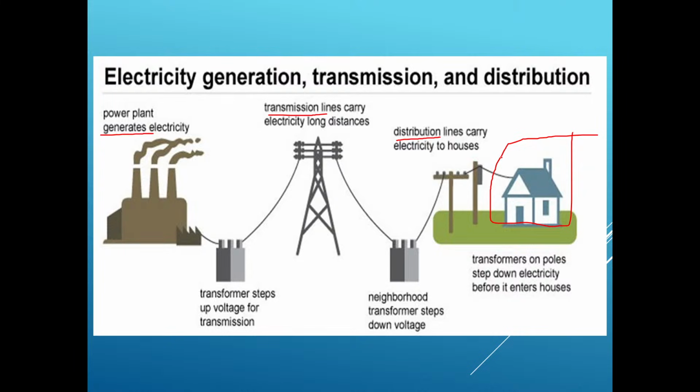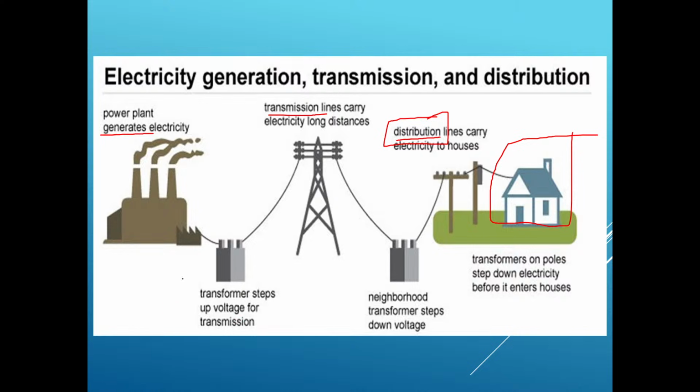And not only houses require electrical energy; industries require it, every institute requires it. So this electrical energy is distributed to various loads. The load can be a house, an office, an institute, any commercial building, an industry, or a factory.